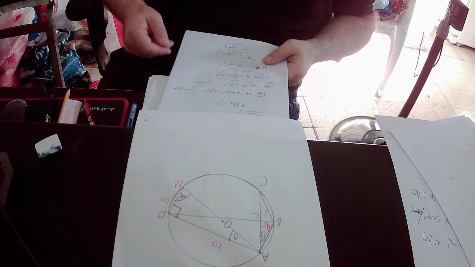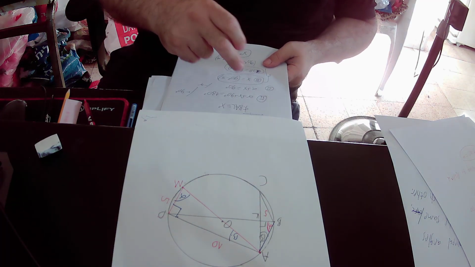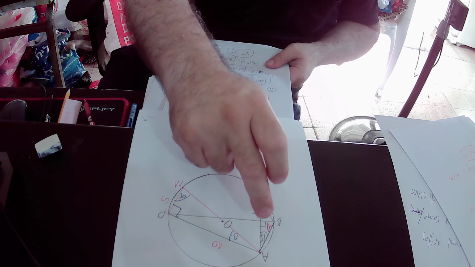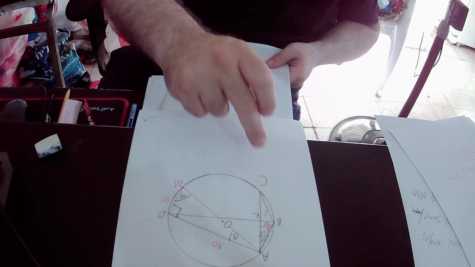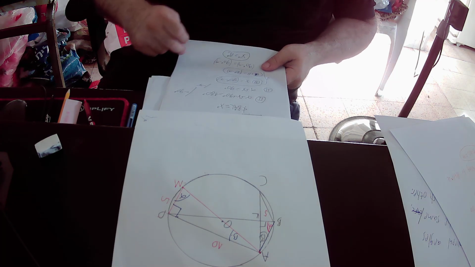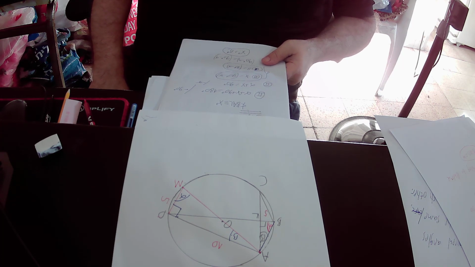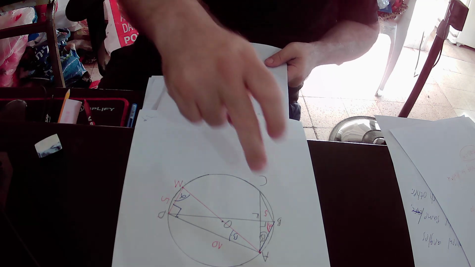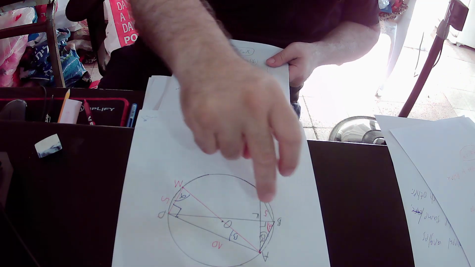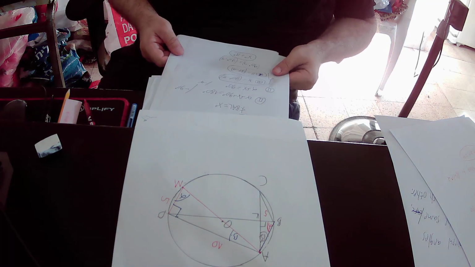So in the right triangle ABL, we defined angle BAL as x, and we know that the sum of the angles in any triangle equals 180 degrees, and especially in the right triangle ABL, the sum of its angles equals 180 degrees.